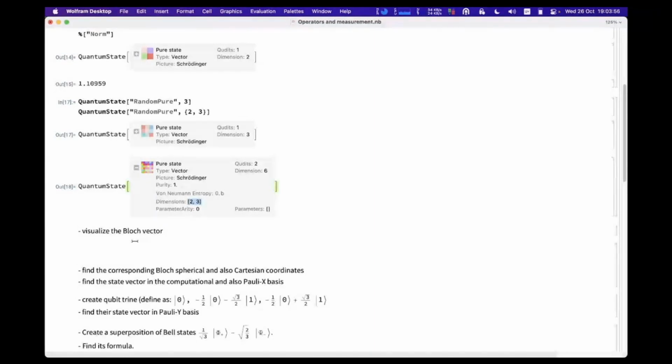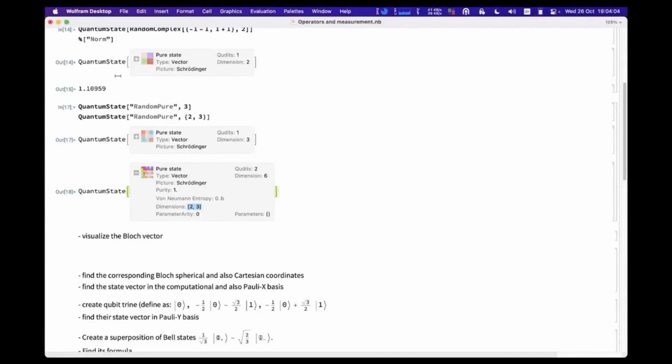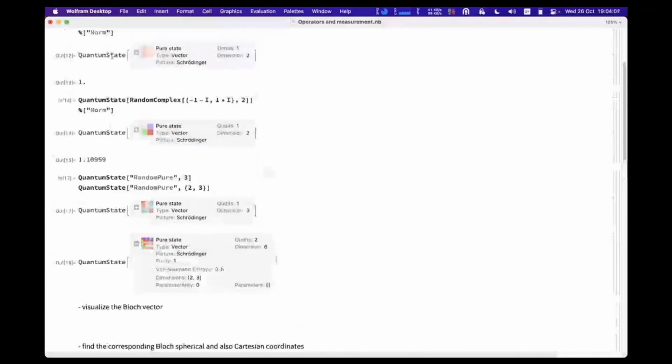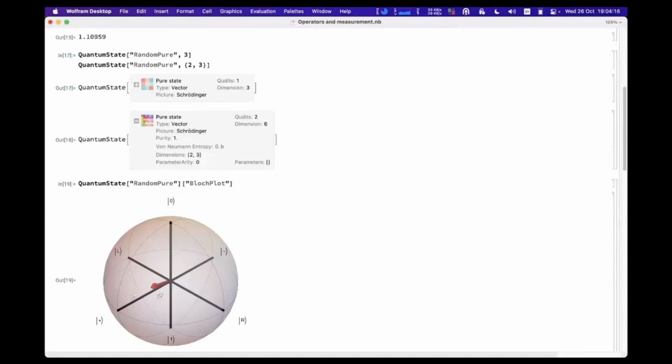When we have a qubit, a 2-dimensional quantum system, you can directly visualize the Bloch vector. So let's just create a random pure state in 2D, and let's visualize. It's Bloch plot, that's the property that you can ask for.